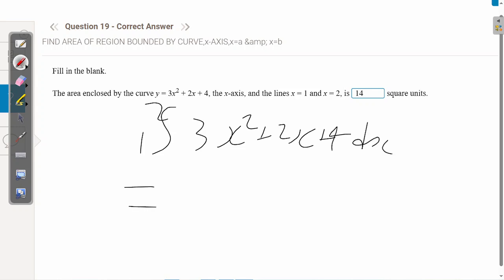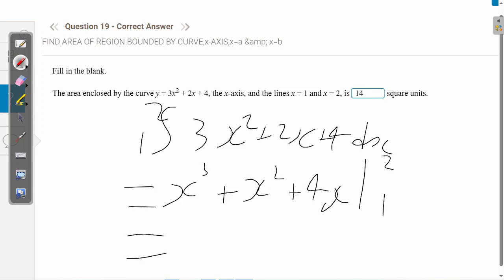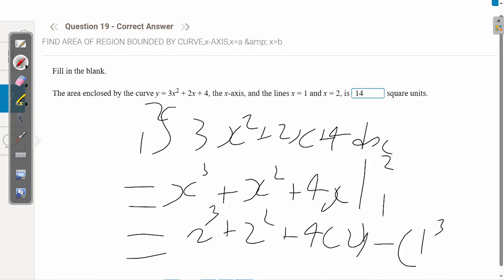Integrate this to get x cubed plus x squared plus 4x from 1 to 2, which is equal to 2 cubed plus 2 squared plus 4 times 2, minus 1 cubed plus 1 squared plus 4.